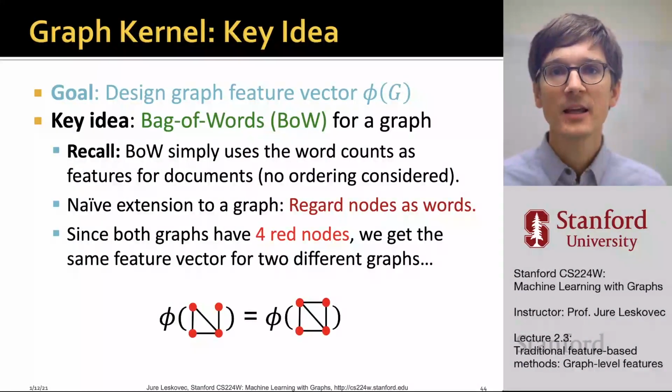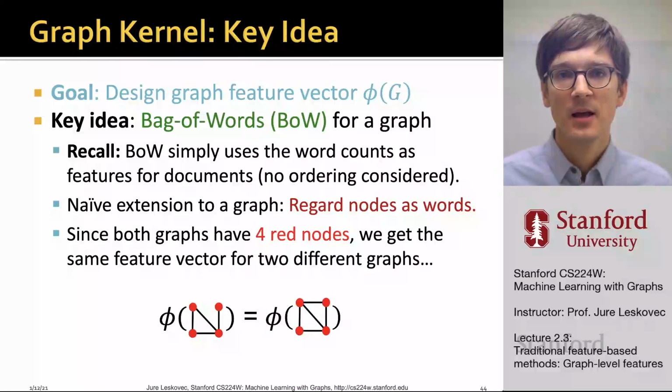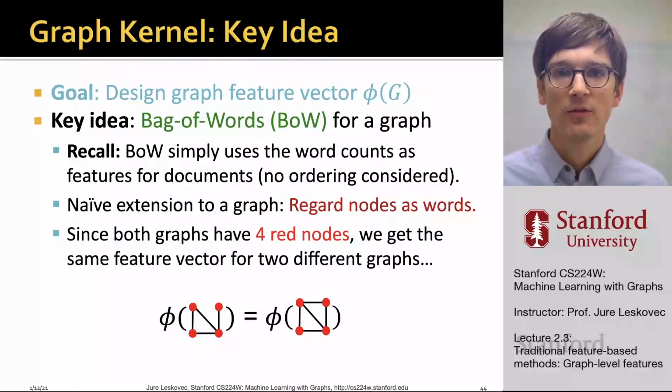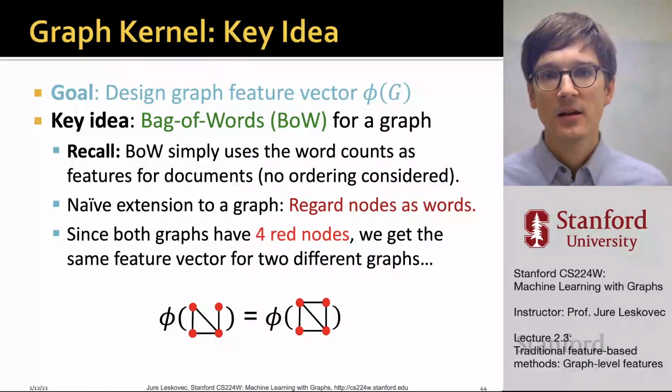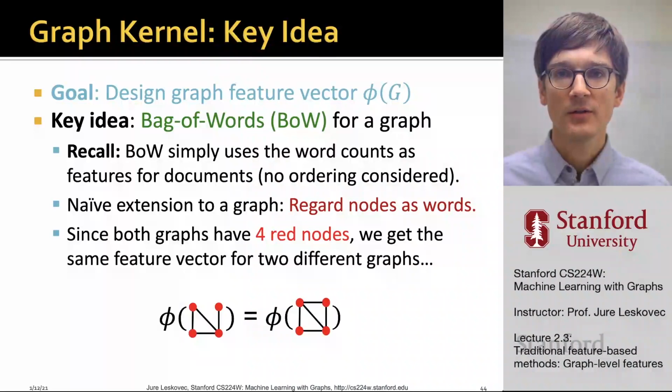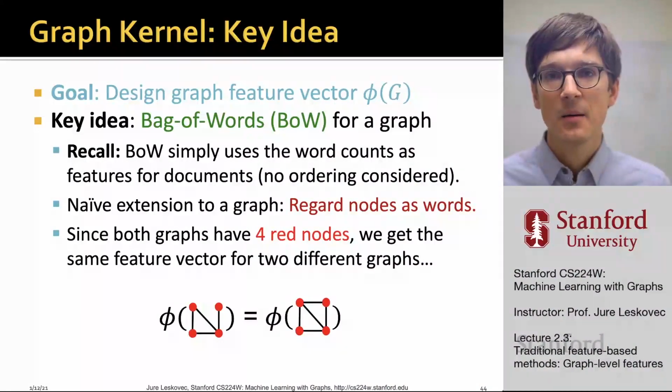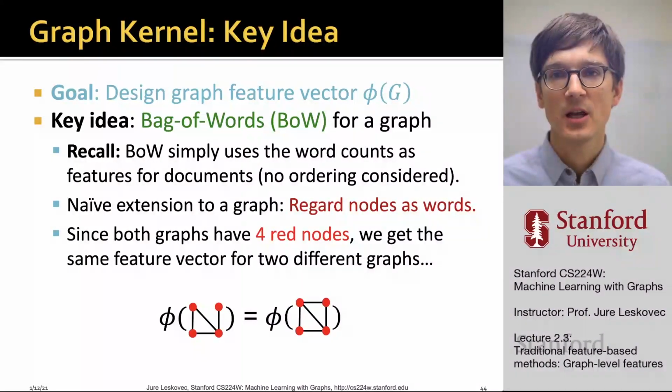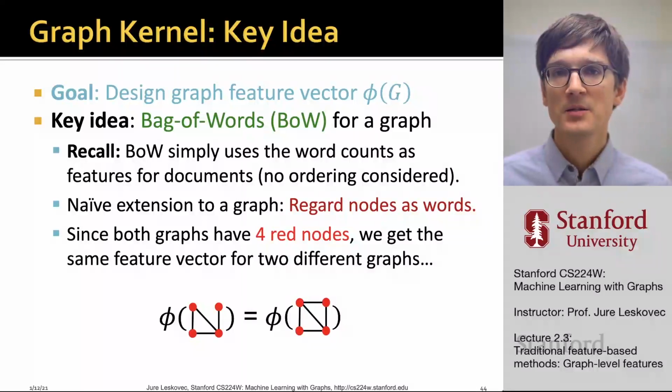So what's the key idea behind kernels? The key idea and the goal of kernels is to define a feature vector phi of a given graph G. And the idea is that we are going to think of this feature vector phi as a bag of words type representation of a graph. So what is bag of words?